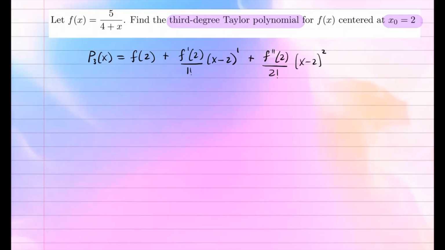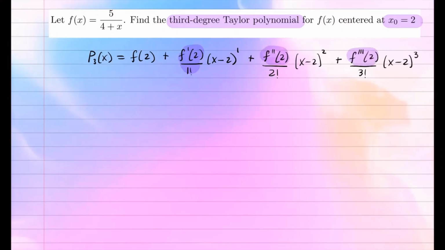One more because we need third degree, so the power has to be 3. So this will be the third derivative of the function evaluated at 2 over 3 factorial times x minus 2 to the third power. And that's it. That's how many terms we need for a third degree polynomial. So now the key is to compute these guys right here. And then we just plug them in.